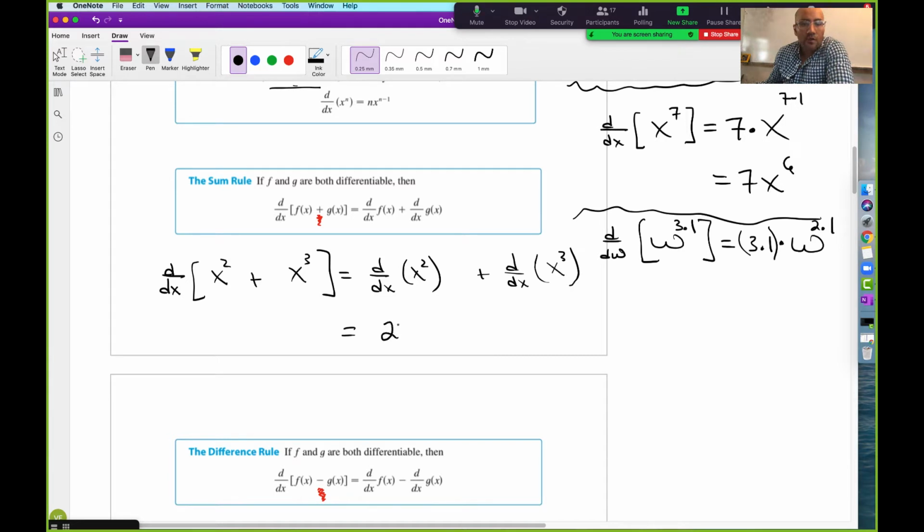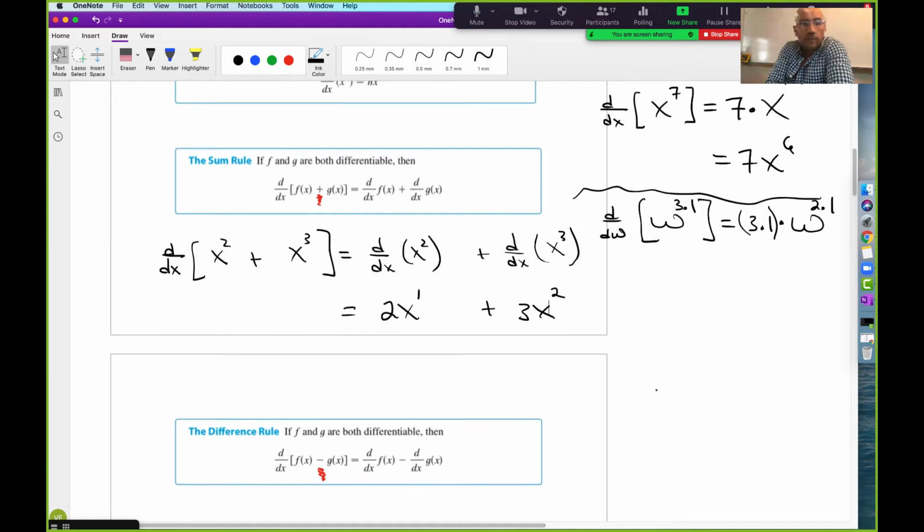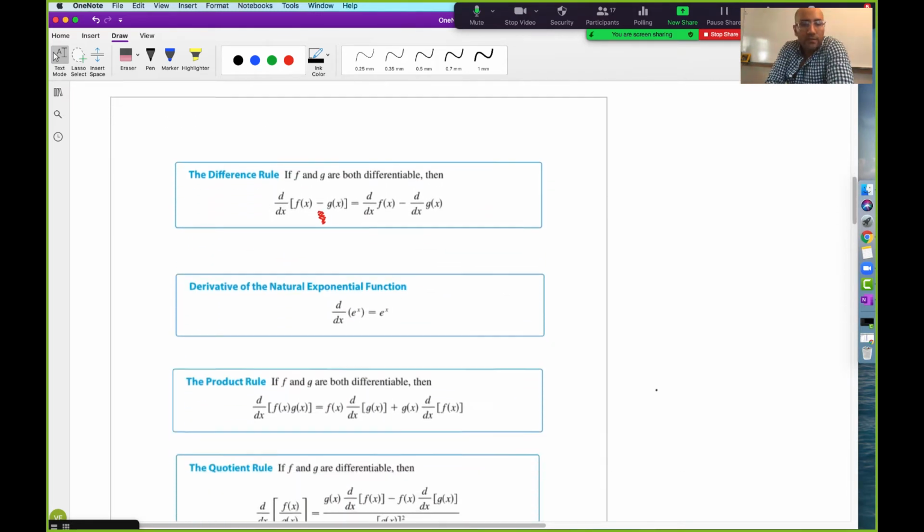We know this from the property above, that's going to be that, plus 3x to the 2nd power, since we subtract 1 from the exponent. Still pretty easy? Any questions? Okay, that's all good.